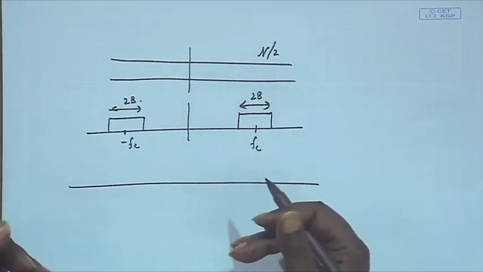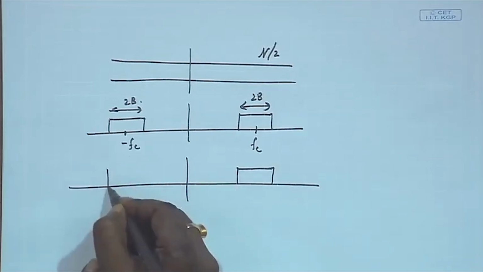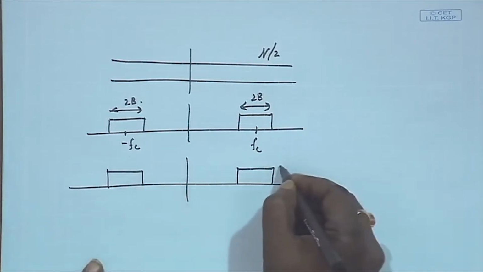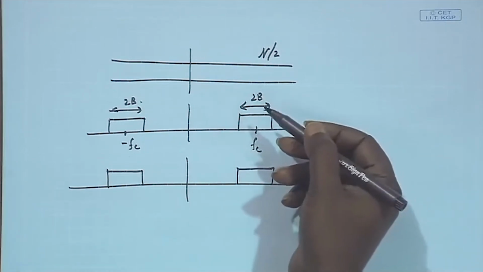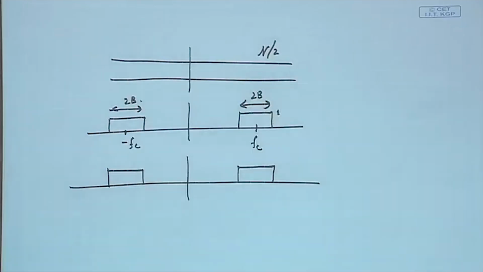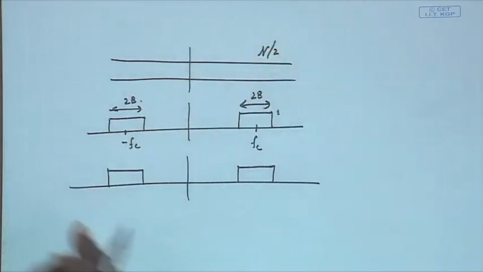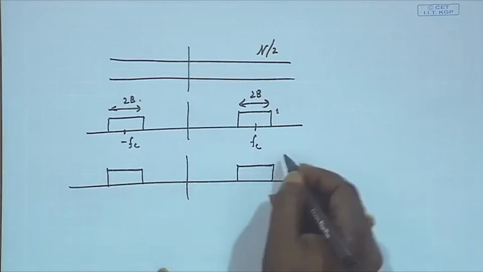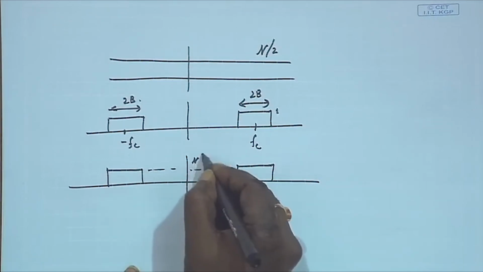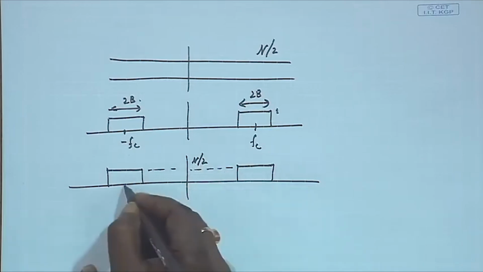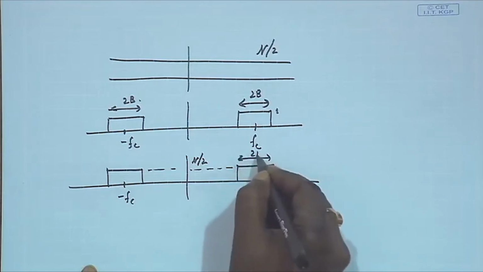It will be a band pass process, and it should look like this. The strength should still be eta by 2 because |H(f)| squared remains 1. We have already proven that the output is |H(f)| squared times the input noise, which is eta by 2. So, we multiply that and we get this. That strength should be eta by 2, defined at minus Fc and plus Fc, within this band of 2B.